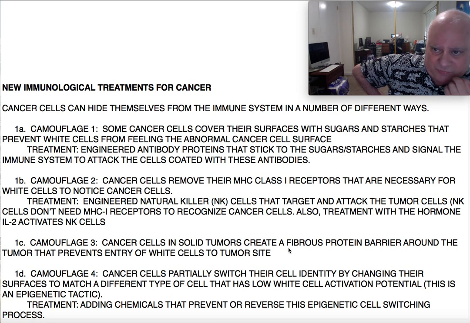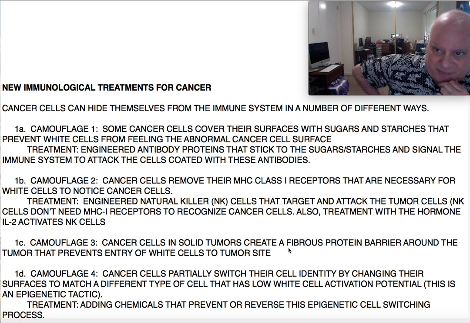And this involves some changes in the way that the cell regulates which proteins are made and which proteins aren't made at any given time. So there's a change in the regulatory pattern that allows cells to create a surface that makes them look like they're not cancerous, like they're not even that tissue, that they're like white cells. So that's identity switching.